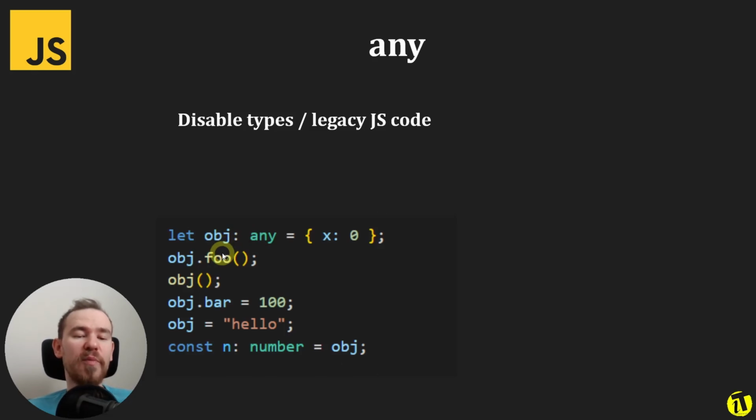However, during runtime, of course, we would have an error because foo is undefined, and it's not possible to call a function on undefined. It's the same with bar. We can assign anything to bar. Bar is not even inside this object. However, we can call it and assign a number.